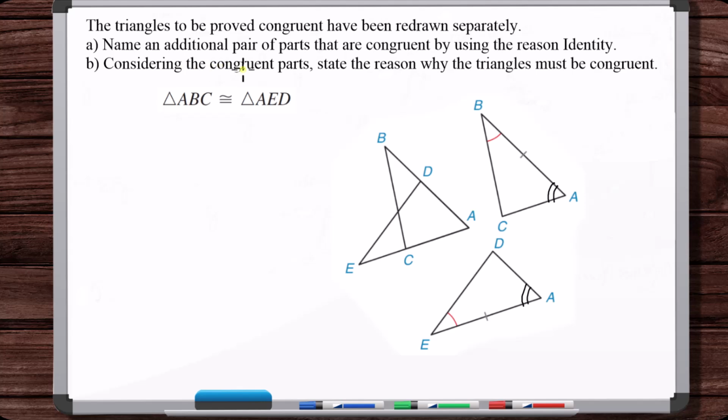Okay. Considering the congruent parts, state the reason why the triangles must be congruent. Well, we've got angle side angle. Angle side angle. So they're congruent, which means that we can automatically see that the third angle has to be congruent because the first two angles are congruent.